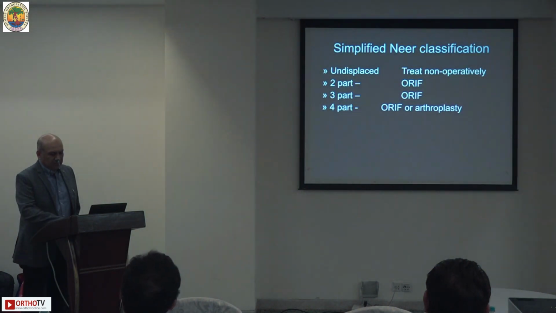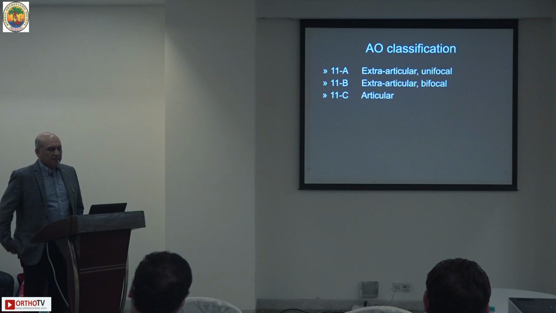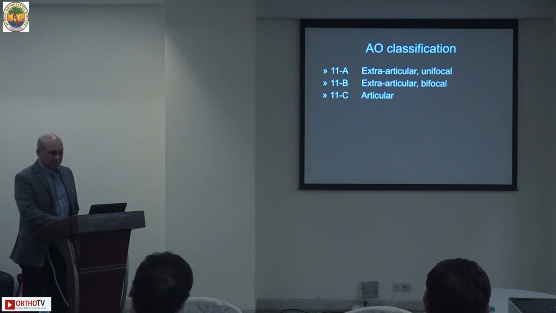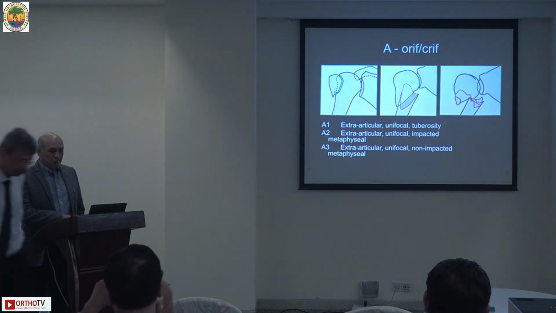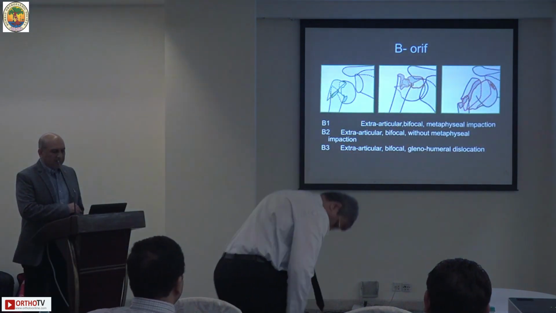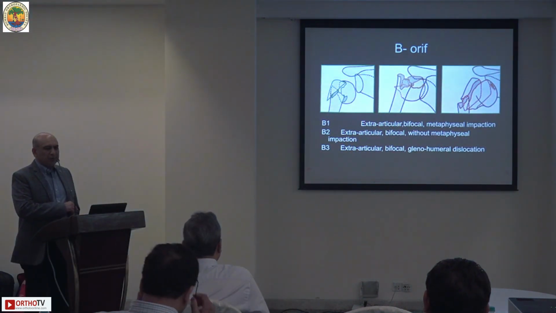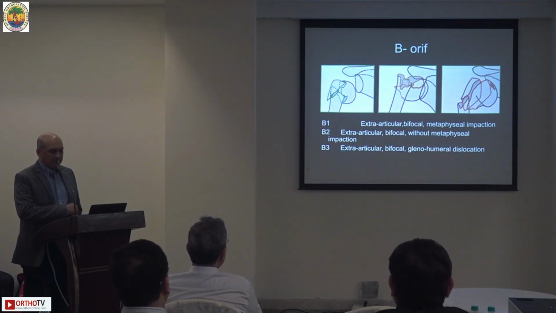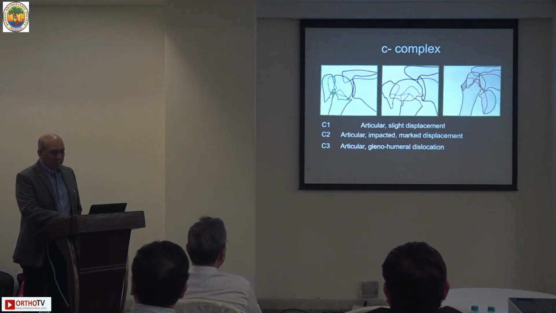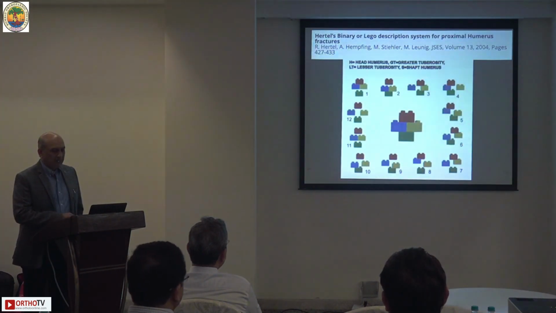Similarly, there is the AO classification, where it is important to know A, B, and C type fractures. A type fractures are extra-articular or unifocal fractures, which are amenable to open or closed reduction. B type fractures are a little bit more complex, more like 3-part Neer's classification, where the fractures can be bifocal or trifocal. And C type fractures are complex type of fractures.